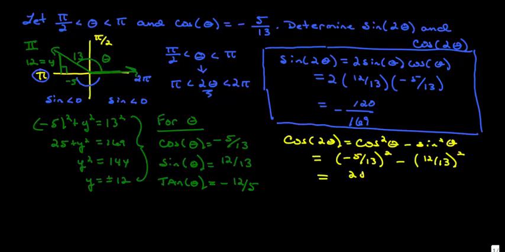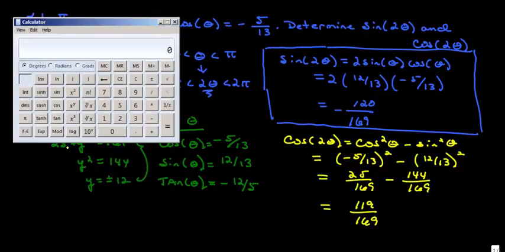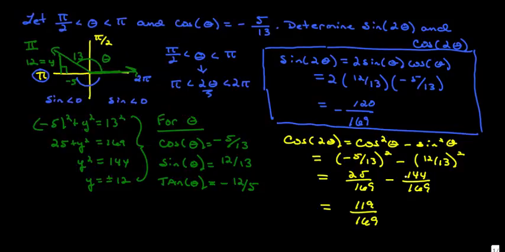So this is going to give me 25 over 169 minus 144 over 169. And if we do that subtraction there, I believe we get 119 over 169. Let's just grab the calculator and check just to make sure our numbers are working out right. And of course that is a negative value.